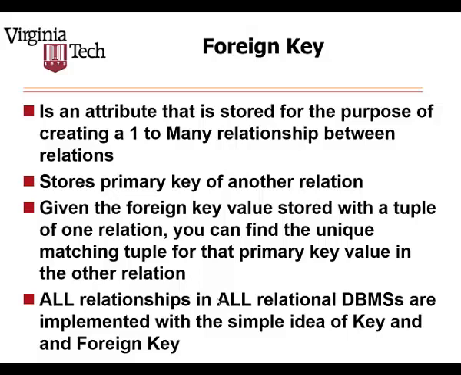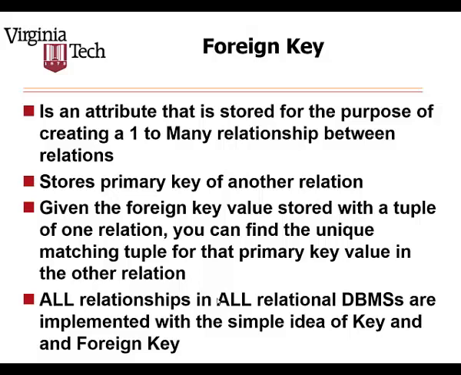And we're going to do that so that we can associate the row in our table with the row in the other table, the foreign table, identified by the value of the primary key that we have stored with the row in our table. And through foreign keys is how all relationships in all relational databases are implemented, with the simple idea of a primary key, which has values that uniquely identify every row in that table.